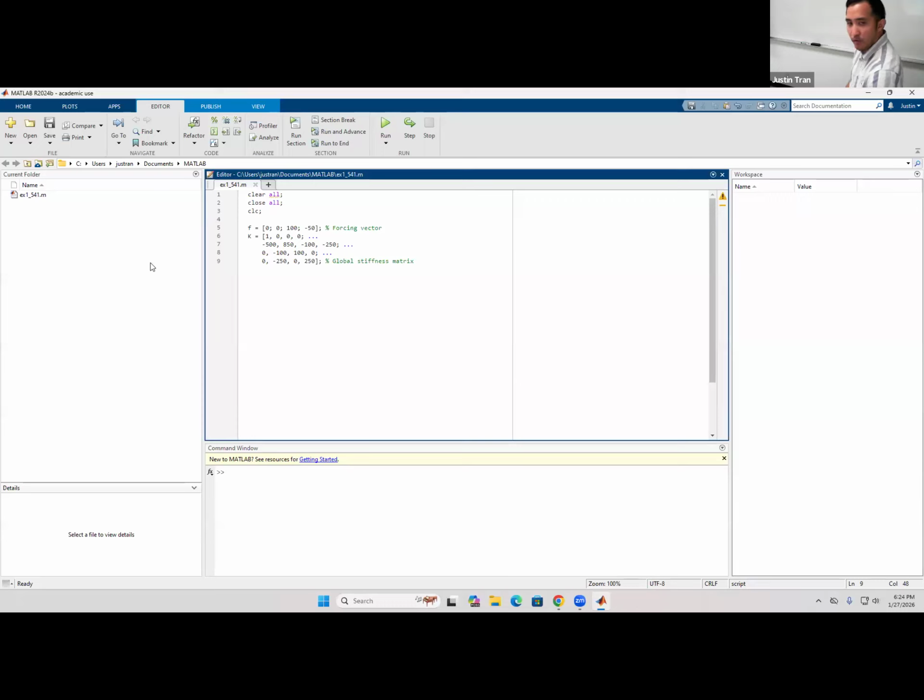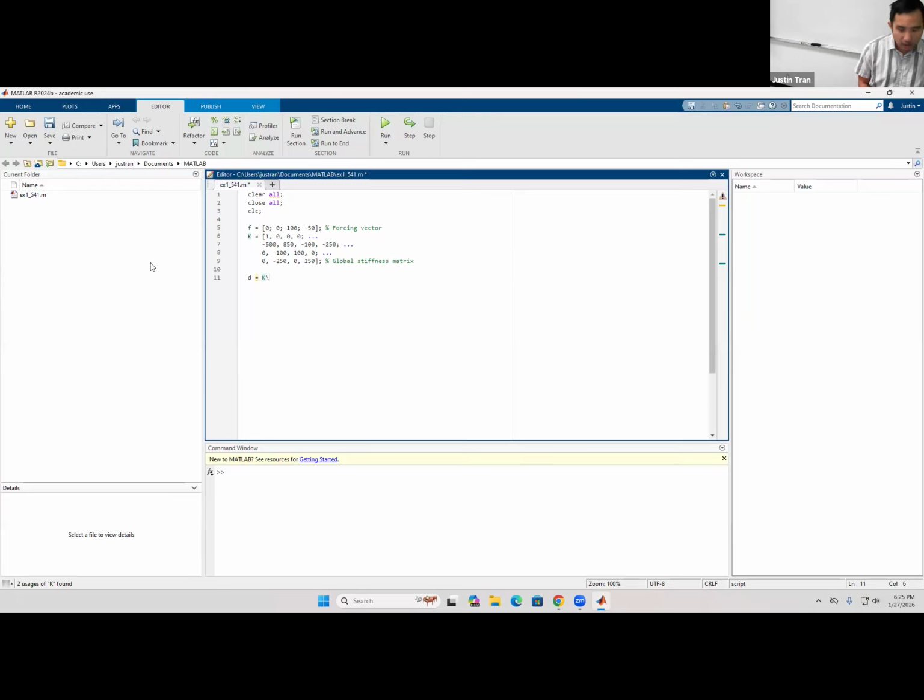All right, now that we have our vectors and matrices defined, that's all the hard part. The last part that's easy is to actually do the solution. Our solution is going to be D. To solve for D, we're going to use a special operator in MATLAB called the backslash operator.